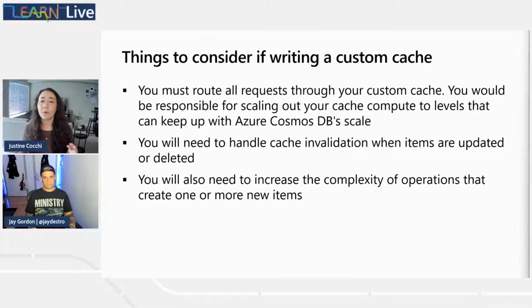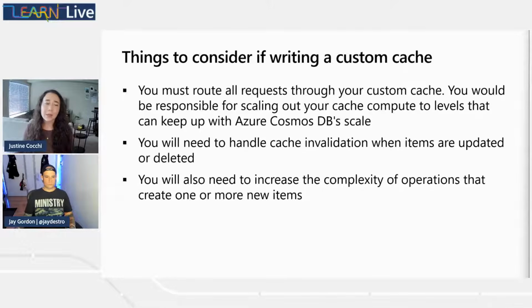You're responsible for scaling out your cache compute to levels that keep up with the scale of Cosmos DB. You're having to handle all the cache invalidation when the items are updated or deleted. And of course, if you have operations that create one or many items, this also increases the complexity. So managing your own cache could be really complex, and could take a lot of extra custom code.